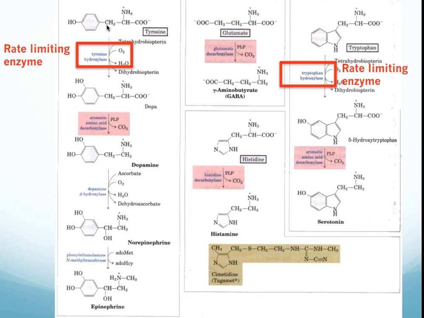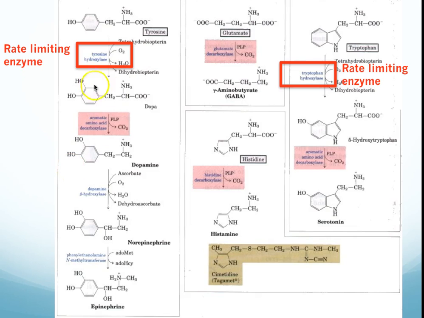And we have a rate-limiting enzyme, which means that the conversion of tyrosine ultimately to either dopamine or norepinephrine or epinephrine is going to depend largely on tyrosine hydroxylase. So tyrosine hydroxylase, or TH, is the rate-limiting enzyme in, for example, dopamine biosynthesis. So I just wanted to go through some of that.